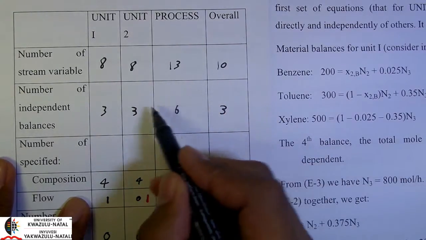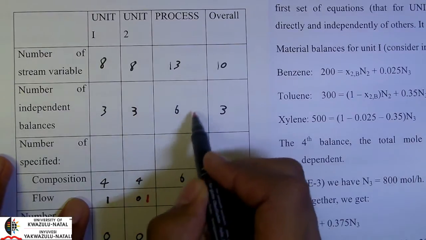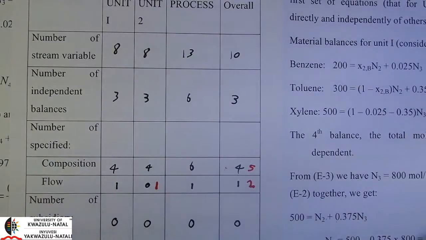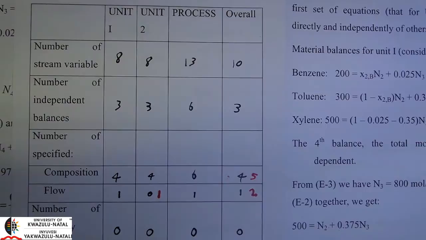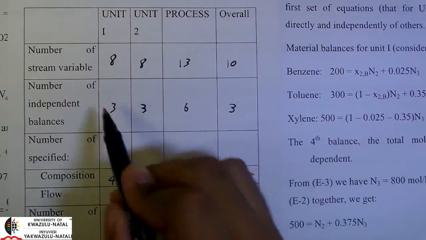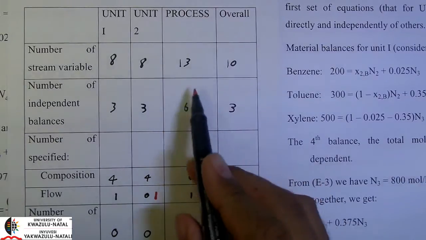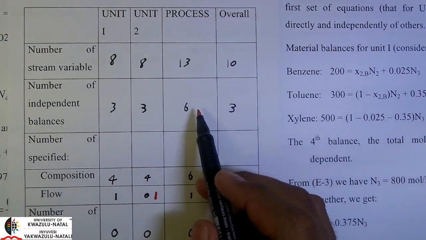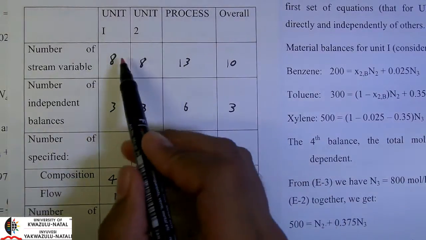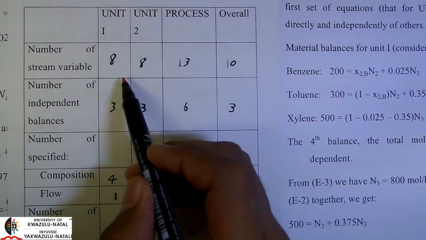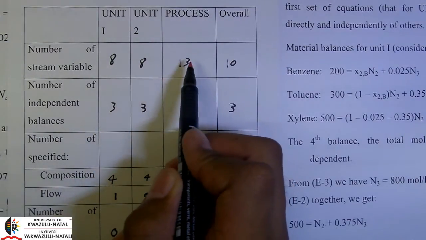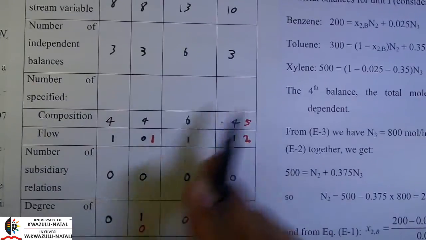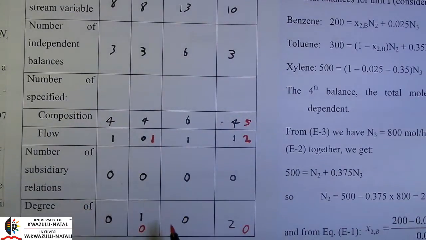Okay, so for the process, you simply add 3 plus 3 and that's equal to 6. And that is the only time when you add figures for units to obtain the process balances. You do not add the number of stream variables for unit 1 and 2 to obtain the process. You do not add specified compositions or subsidiary relations or anything of that sort.